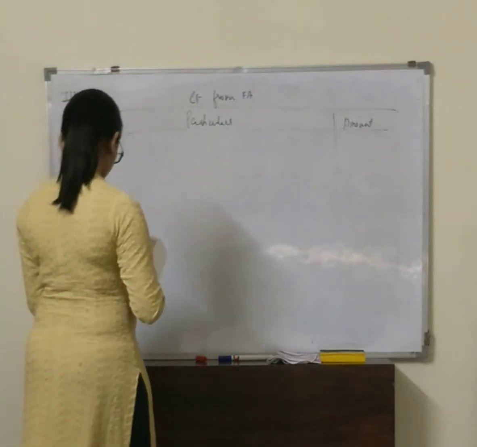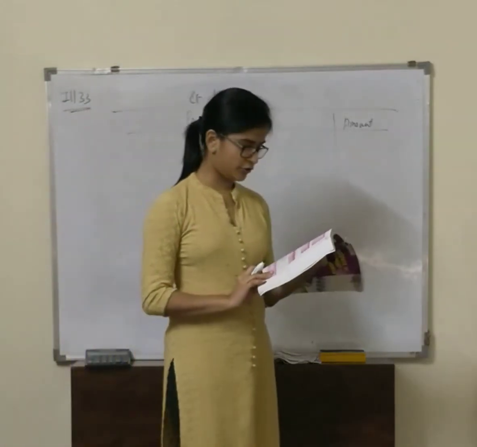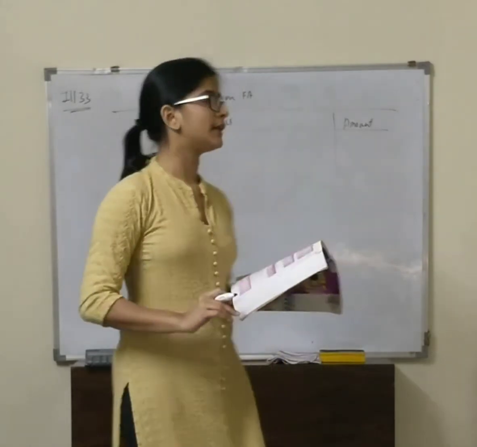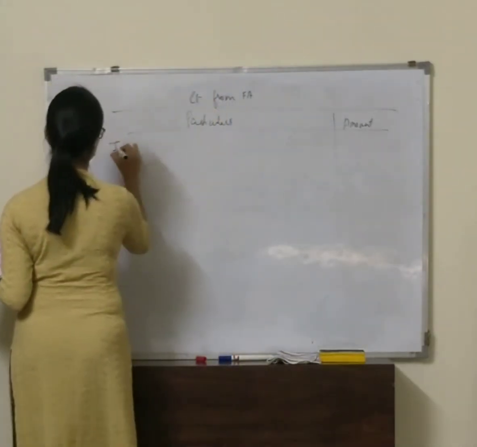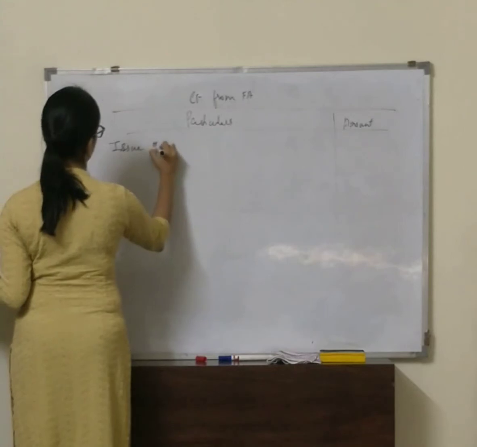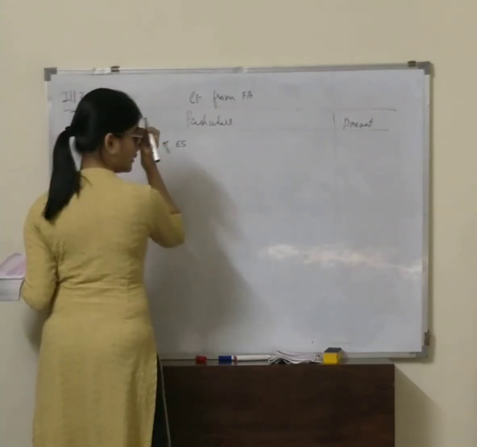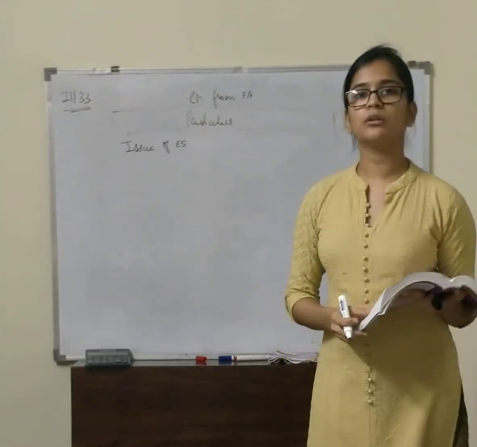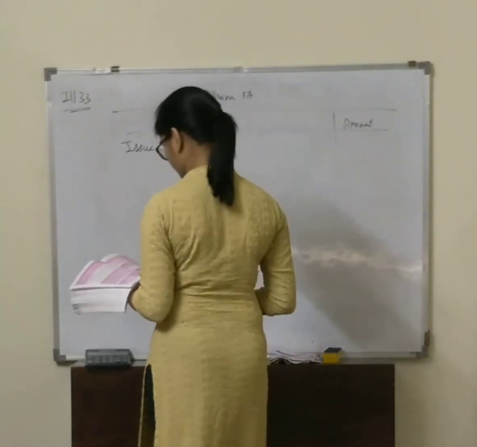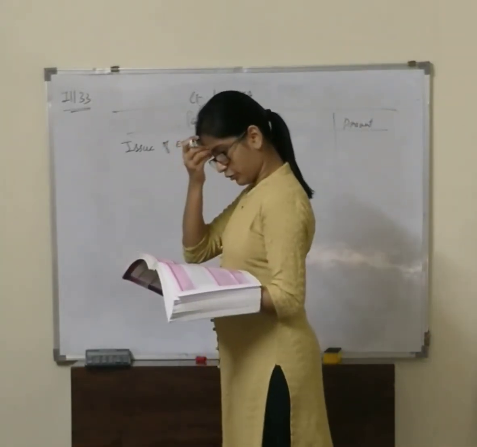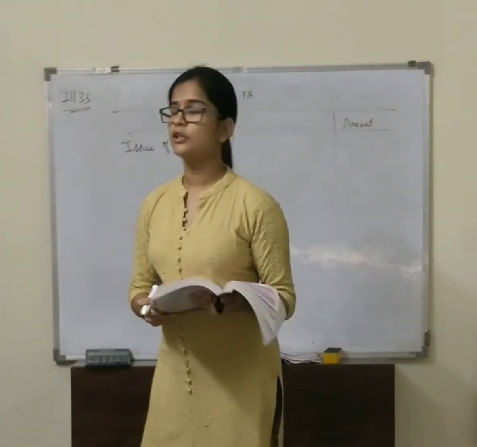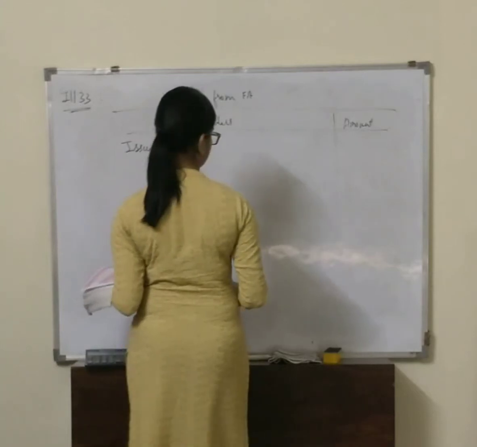So the first thing is in 2006 our issue equity share is 6 lakh, but in 2007 it is 8 lakh. So there is a issue of equity shares. Leave some space for the problem. After the problem, write down note. Write down calculation of proceeds from issue of equity shares.